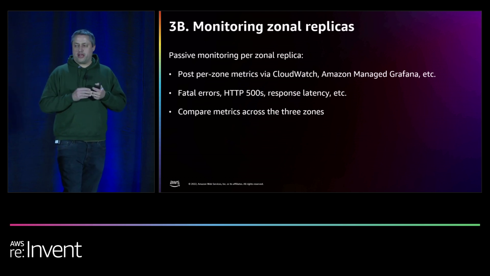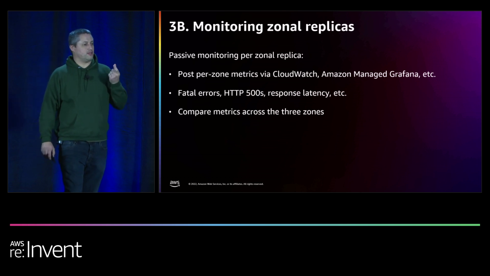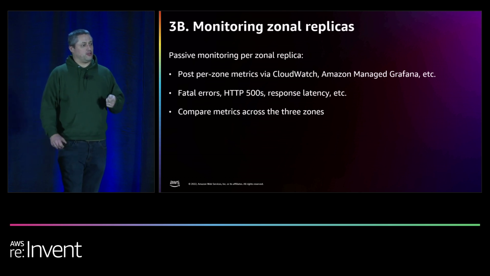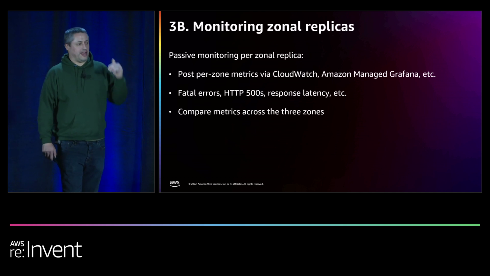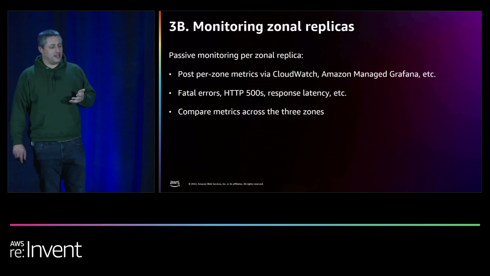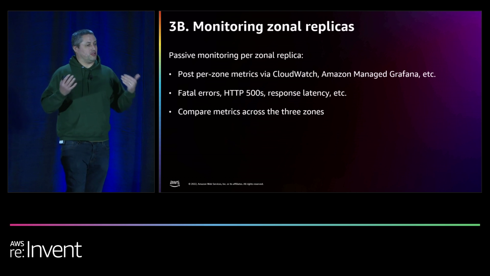Whatever your metric system is, you probably want to adjust those metrics to add the AZ that the host is posting from as a dimension of the metrics. And that allows you to see how many fatals there are being generated in each AZ, what the average latency is in each AZ, what the P99 latency is in each AZ, and generally to start comparing the AZs in order that you can see a problem AZ if one arises.